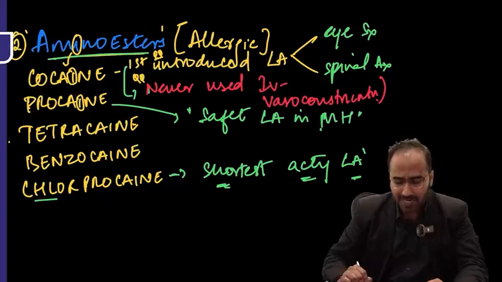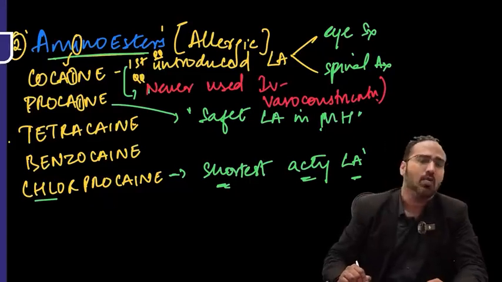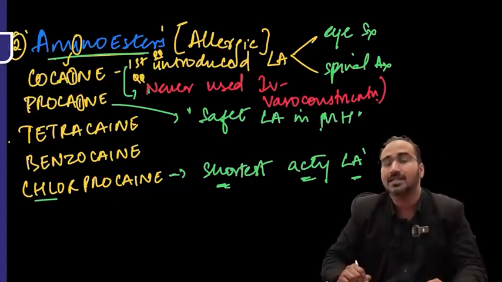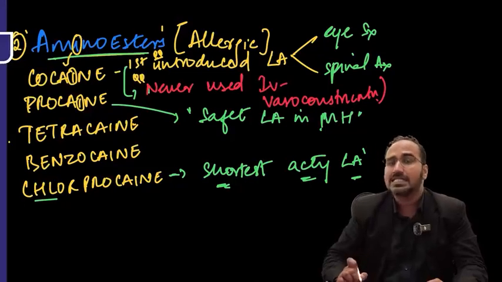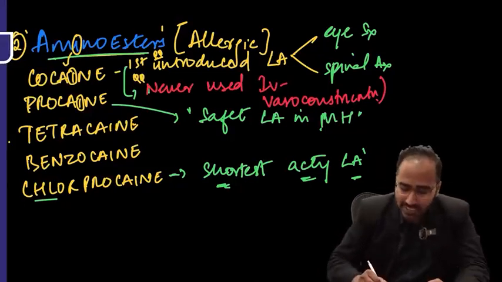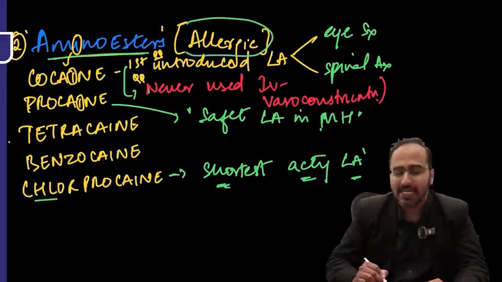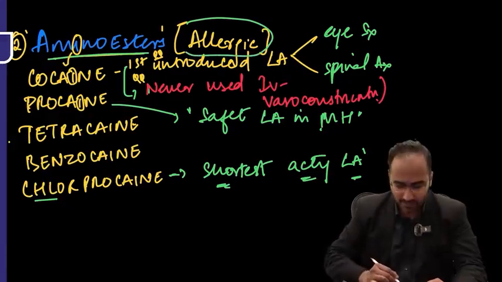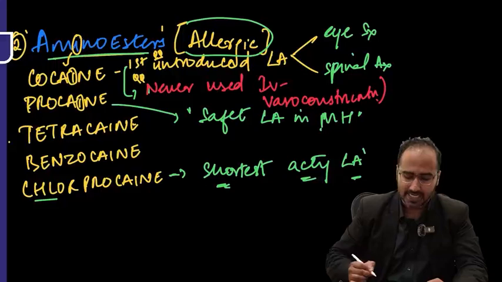And apart from that, you also need to remember one more thing about amino esters, that amino esters are the local anesthetics that can cause allergic reaction in the patient when given. Why can amino esters cause allergic reaction?